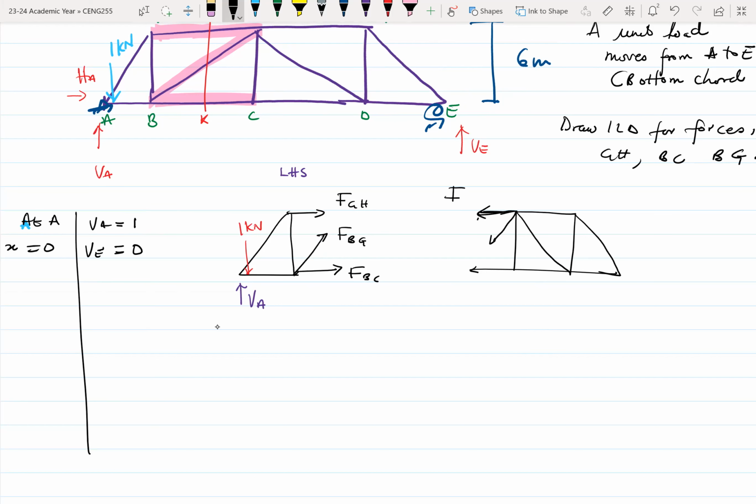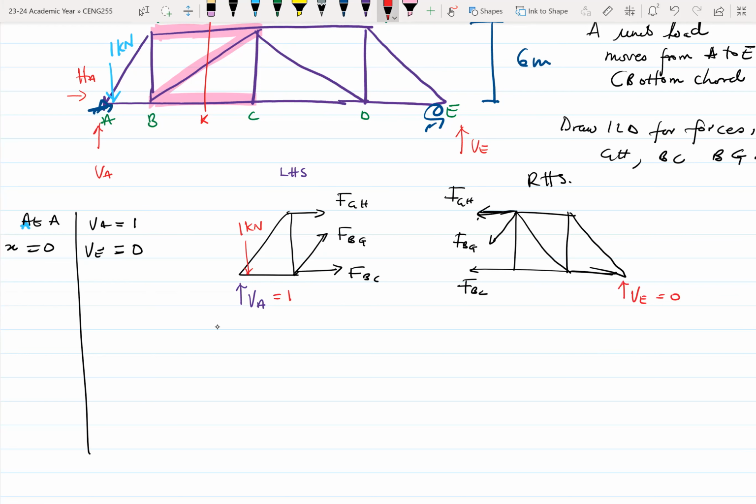Here's our FGH, this is our FBG, our FBC. So this is the right-hand side. At our right-hand side, we only have VE. When VE is 0, VA is 1.